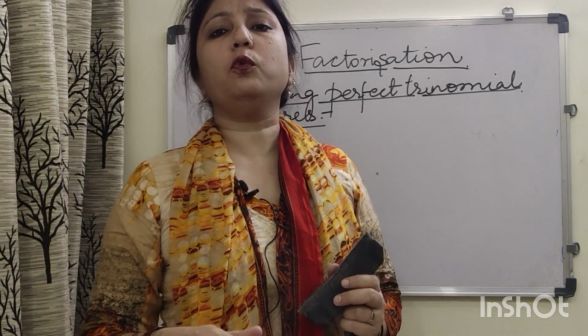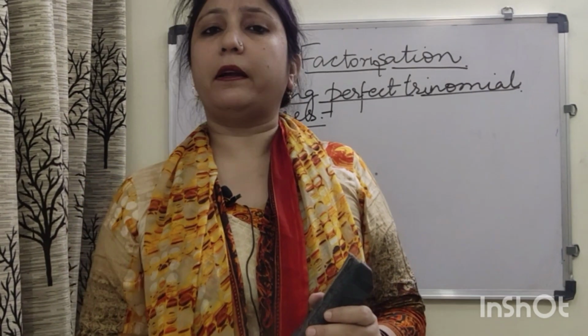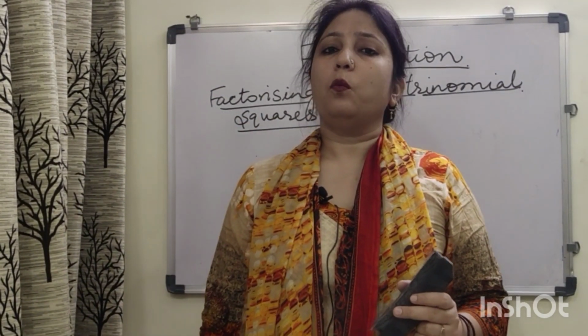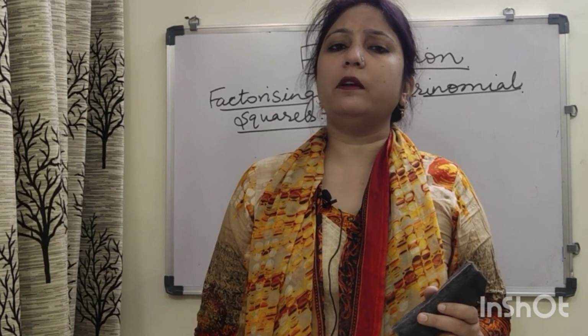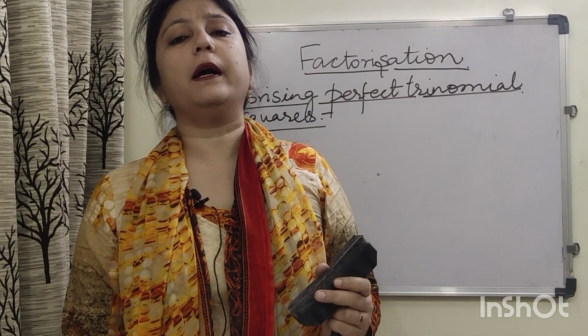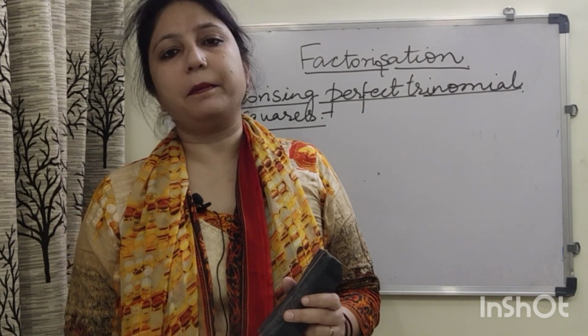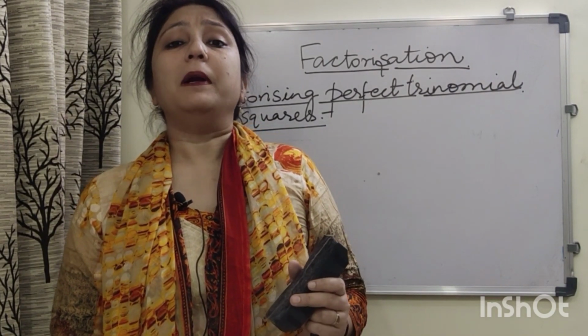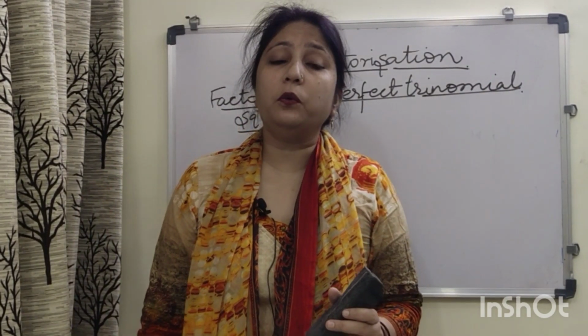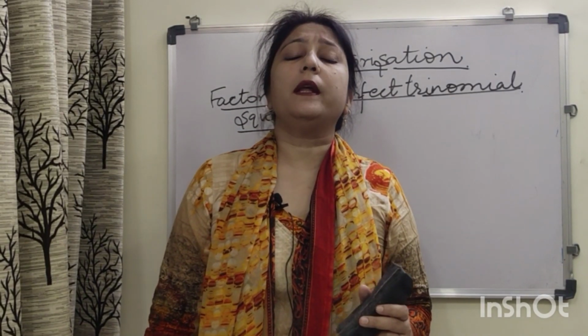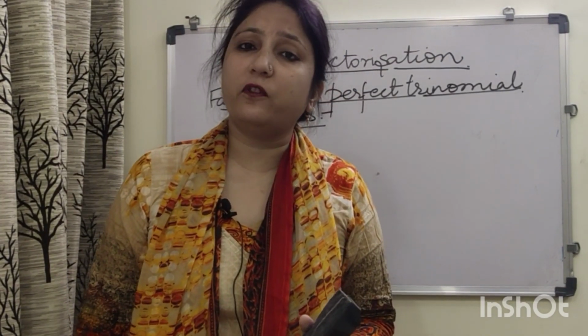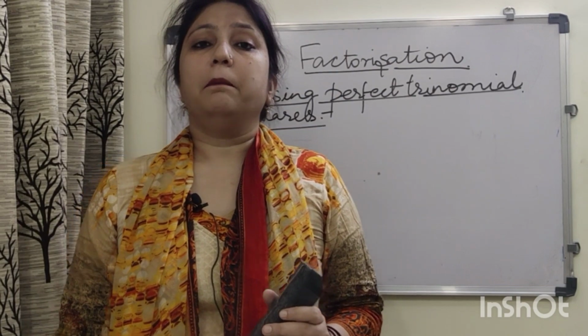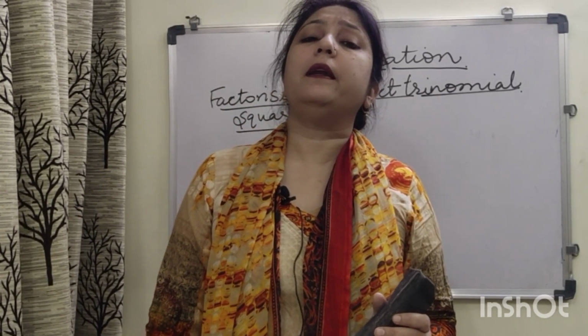In the previous two sessions you did the factorization once by taking common method, and another one we followed up by using the identity a square minus b square. But as I told you, though taking common is the first step, we will follow it till the end of the factorization.